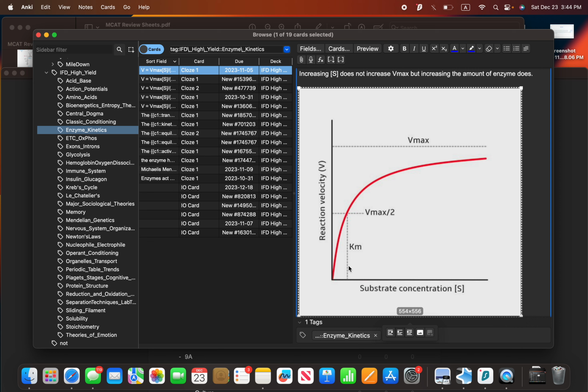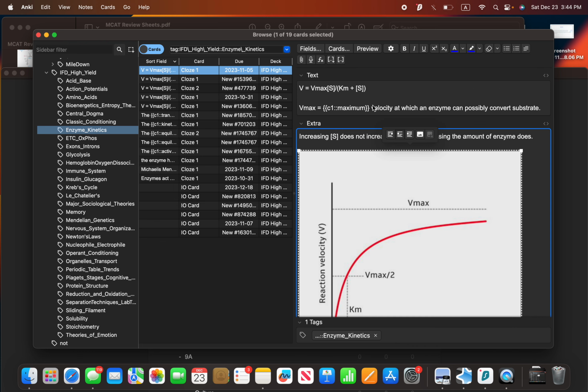Half of the Vmax is here, which is the reaction velocity, the speed of the reaction, and the Km represents the substrate concentration at which the Vmax is half.